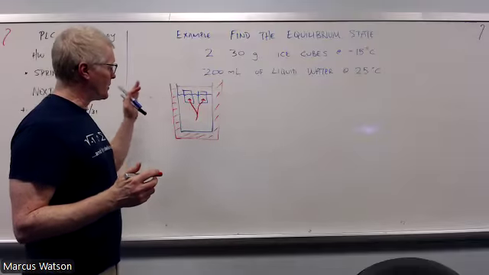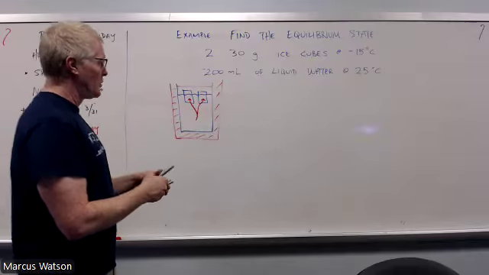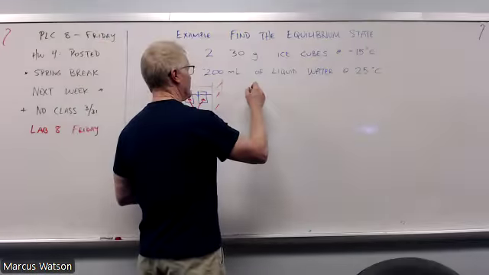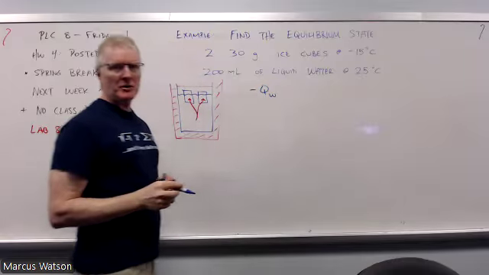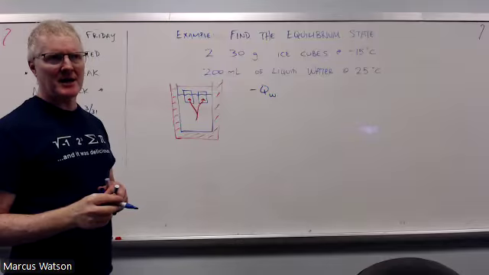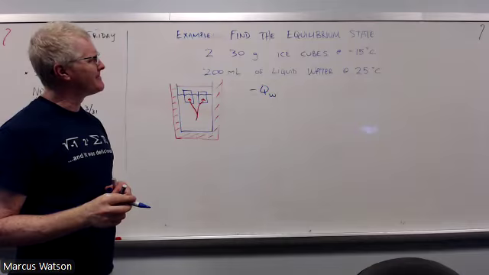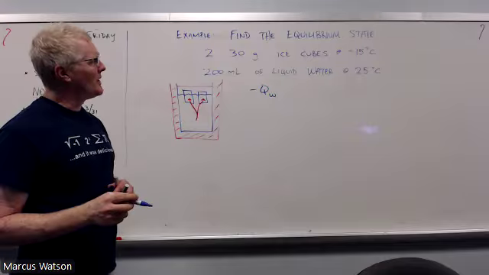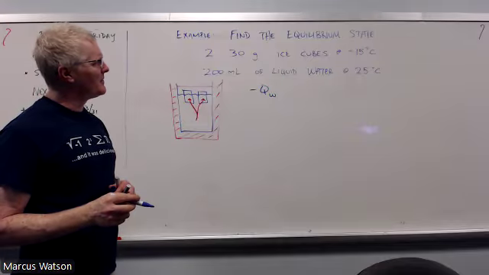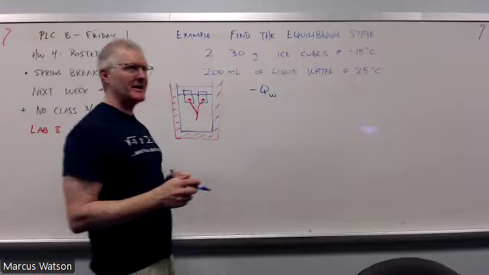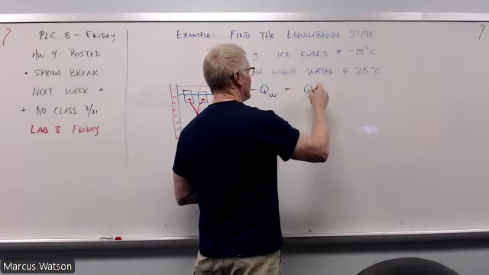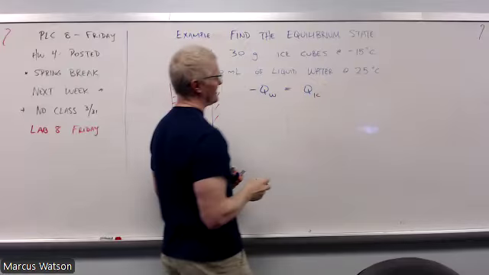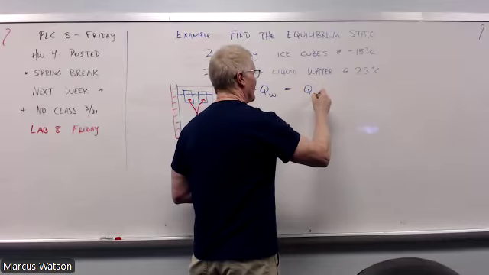So heat only between these two, which means that the negative of the heat lost by the water, I'll use W for water, and I'll use IC for ice cubes, should equal the heat gained by the ice cubes.